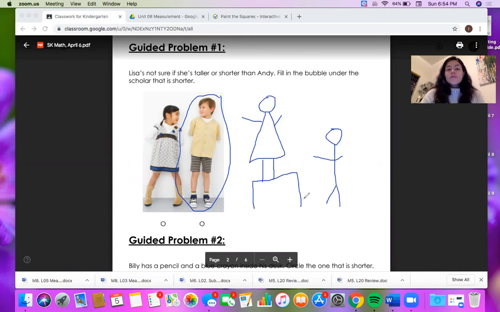The girl may look taller, but it's hard to tell because these two people are not end to end. They certainly are side by side, but their ends are starting at different points. His end is here. That's the point he's starting at, and hers is all the way up here.